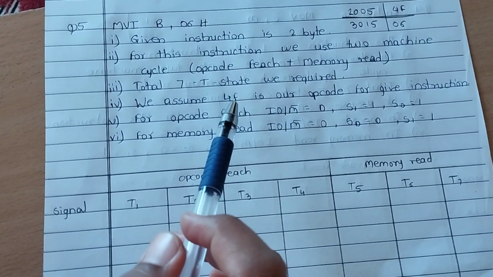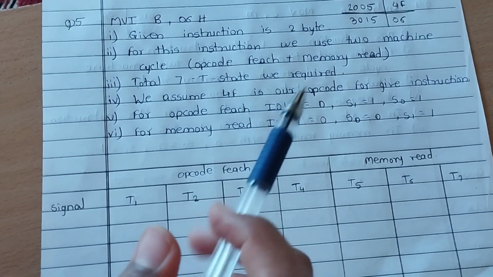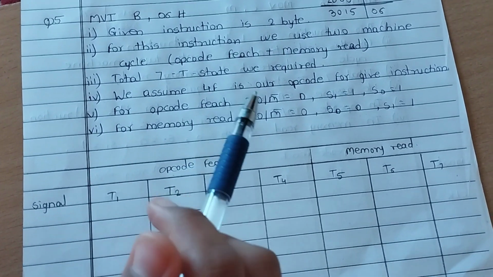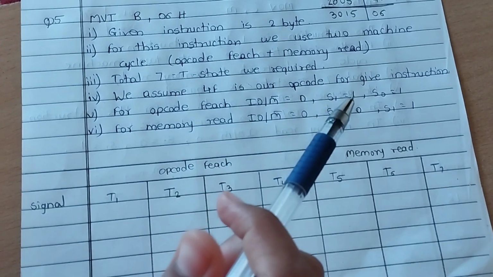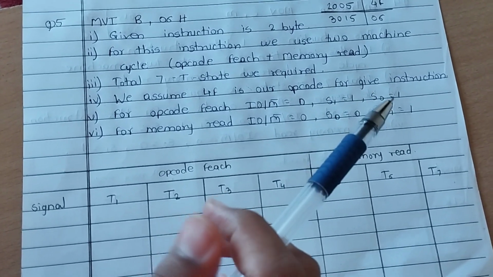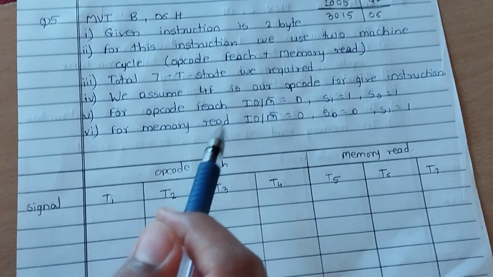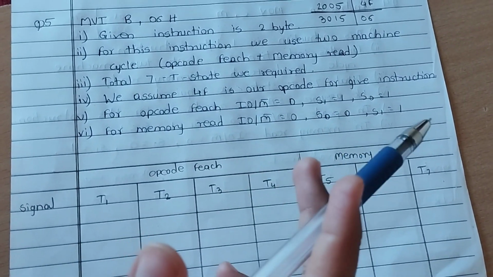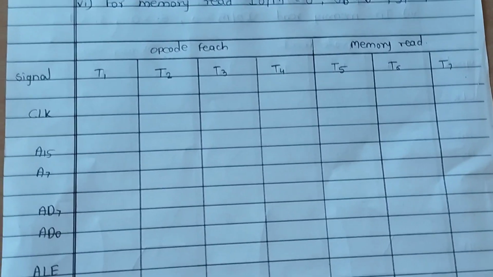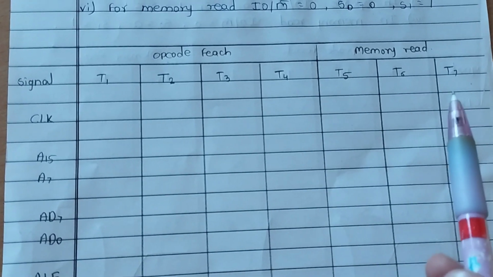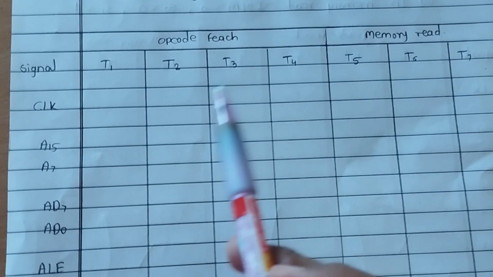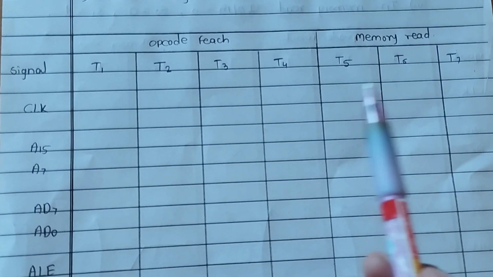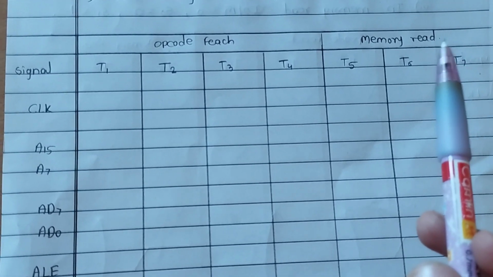Then we assume 4F is our opcode for the instruction, and we know for opcode fetch IO/M bar is equal to 0, S1 is equal to 1 and S0 is equal to 1, and for the memory read IO/M bar is equal to 0, S0 is equal to 0 and S1 is equal to 1. So first we draw all the 7 T states, T1, T2, T3 and T4 for the opcode fetch, and next 3 T states for the memory read.